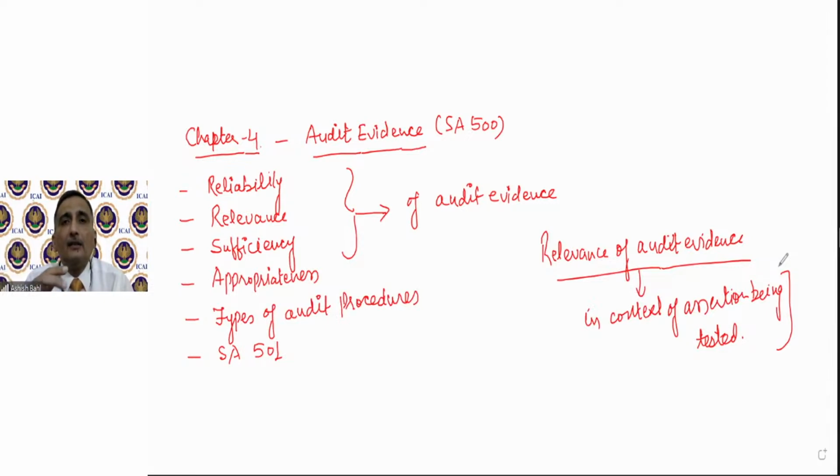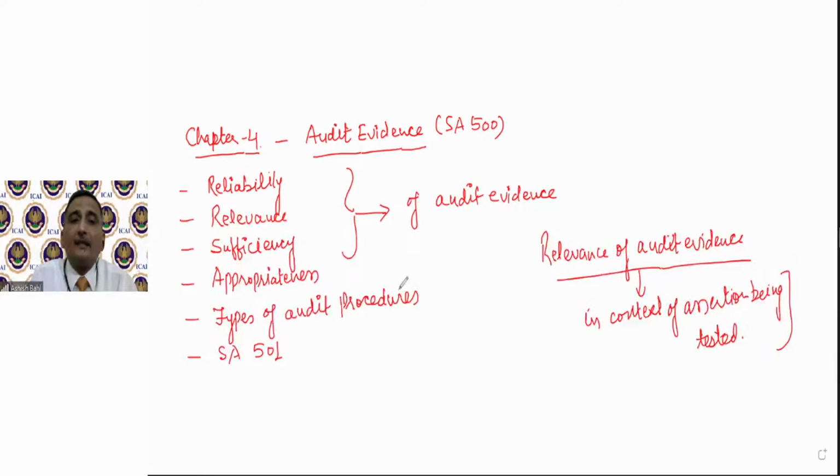It should have some connection with the assertion he is testing. So audit evidence should be relevant in relation to the assertion being tested, and it should be reliable also. These are the two things you have to keep in mind.